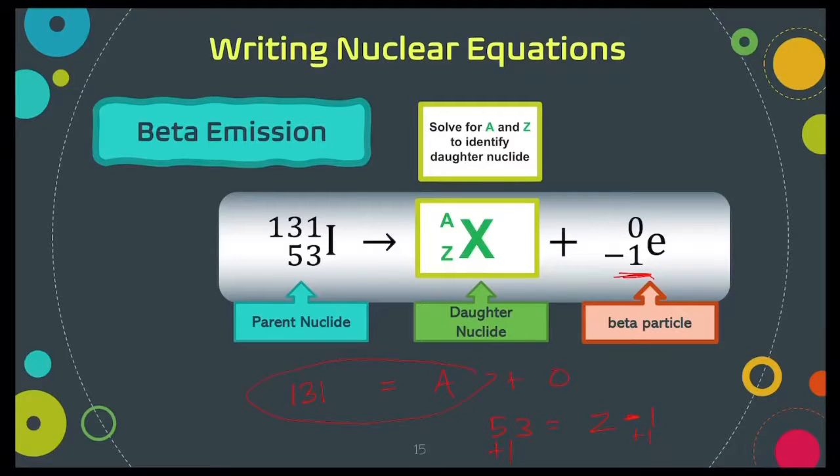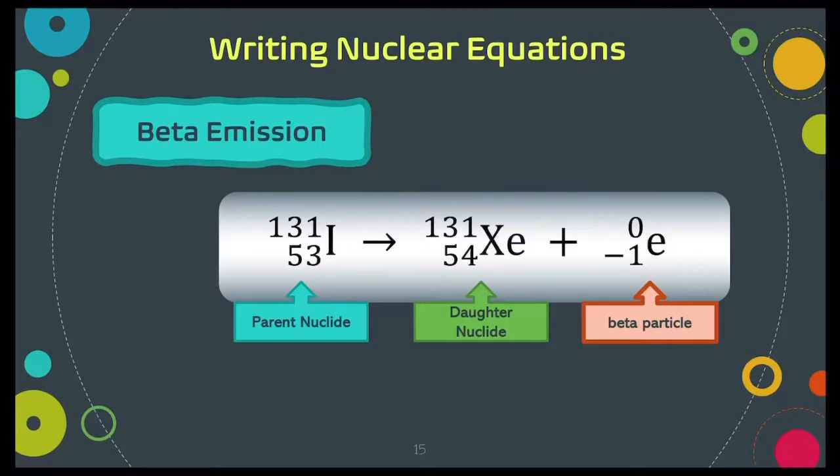Z equals 54. So we would use 54 to look up the identity of our daughter nuclide on the periodic table, 54 being the atomic number. So take a moment to look that up. Hopefully you were able to identify the daughter nuclide as xenon-131.